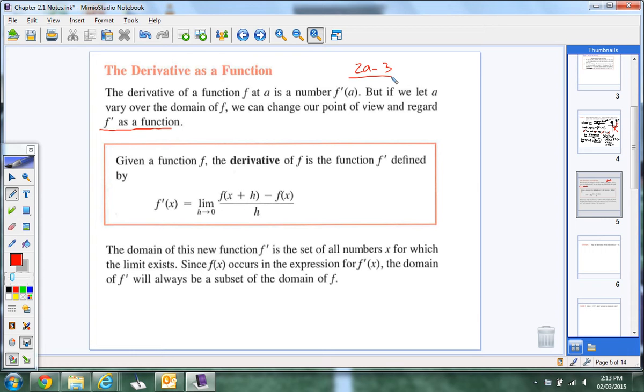Okay, so the domain of the new function f prime is the set of all numbers x for which the limit exists. Since f of x occurs in the expression for f prime of x, the domain of f prime will always be a subset of the domain of f. So that just means that whatever is allowed for x would be allowed for that subset. So the limit would have to exist, because if the limit didn't exist, then there would probably be some type of domain issue.